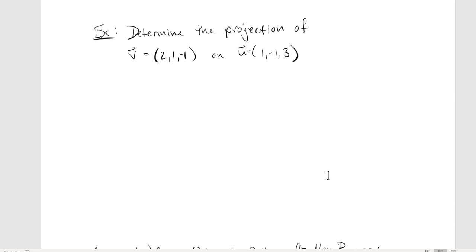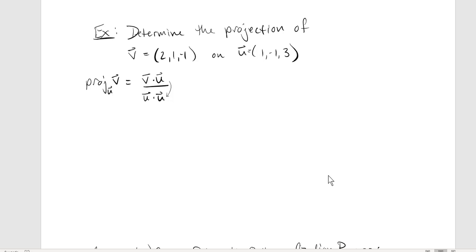So let's do a quick easy problem here. Let's determine the projection of 2, 1, negative 1 on 1, negative 1, 3. Easy enough. We're just taking the dot product of our two vectors over the dot product of what we're projecting onto. You can remember what we're projecting onto gets its dot product in the denominator, the u, not the v, not the w.